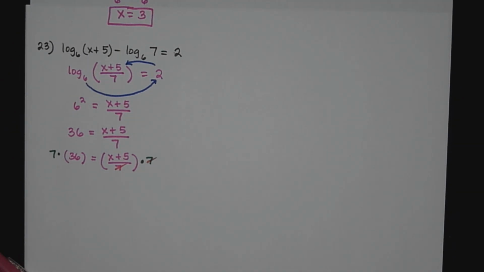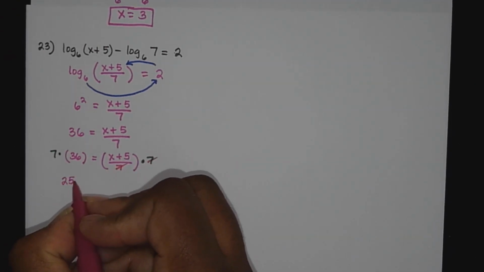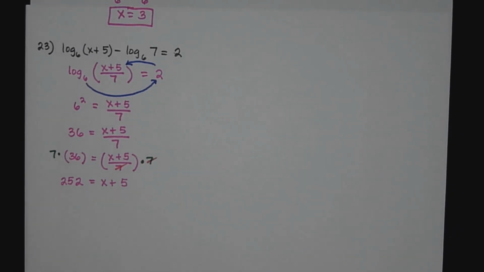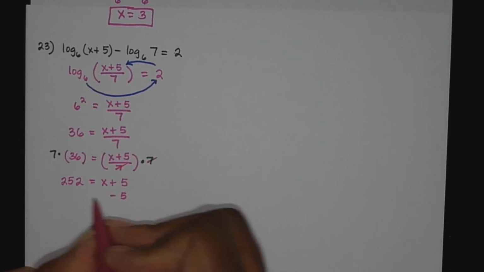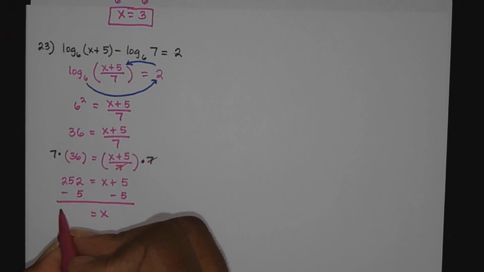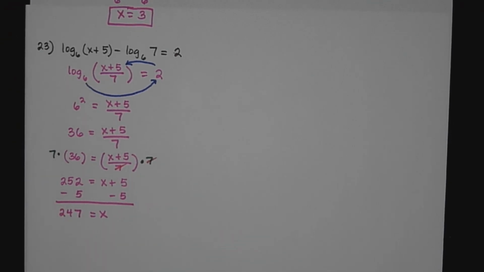So 36 times 7, that's 252. It's equal to x plus 5. And then to get x by itself, I'll subtract 5 on both sides to get x is equal to 247. All right, 247 is my proposed solution for this logarithmic equation.